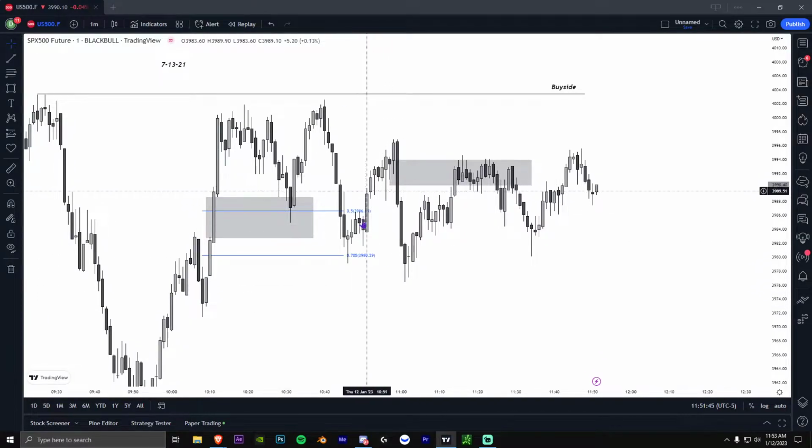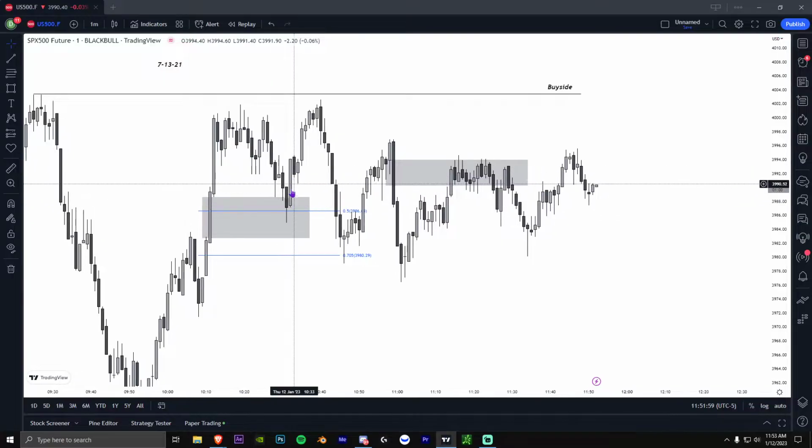For example, if you start counting at this 1 minute candle's high, 1, 2, 3, 4, 5, 6, and then the seventh candle breaks out of this fair value gap. So there's the magic number 7. Then 8, 9, 10, 11, 12. This would also be 12 because it's an inside candle.